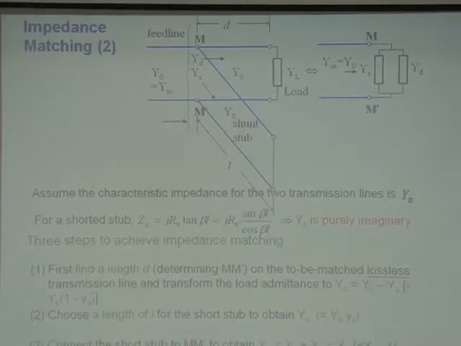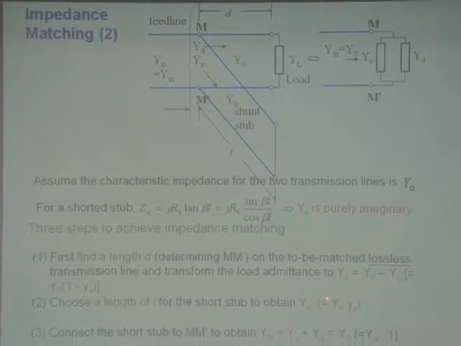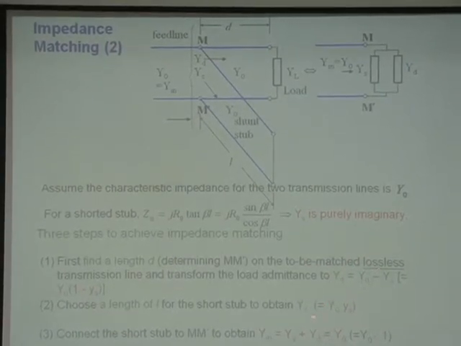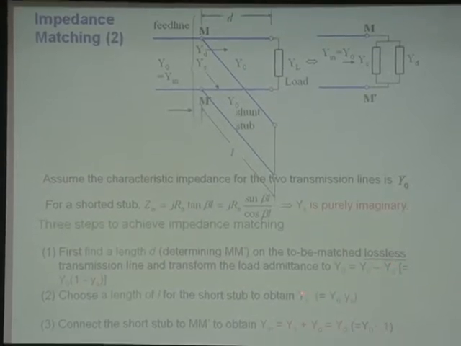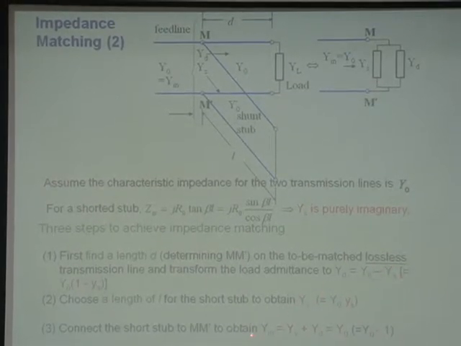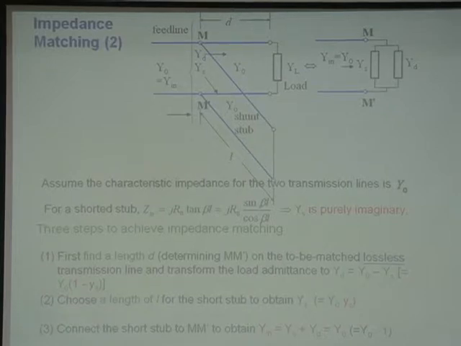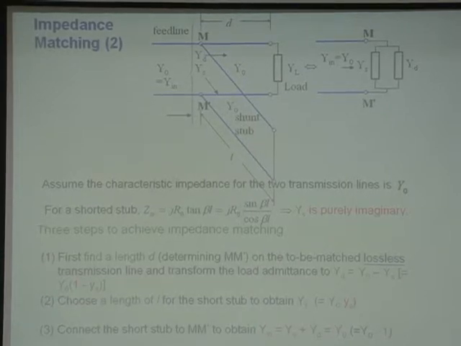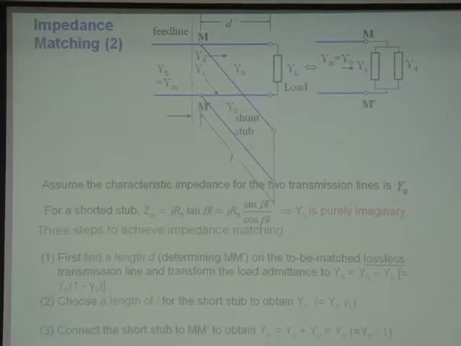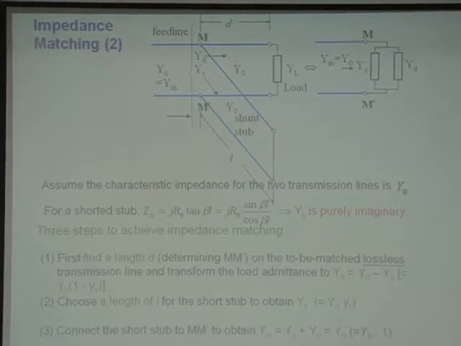The last step, you add these two admittances together. Okay. Once you add them together, because this is minus YS and this is YS, you cancel out. Your input admittance now is equal to Y0, the characteristic admittance. So there are 3 steps to achieve impedance matching of the input impedance. Understand? The most important thing is that these two add up to Y0.